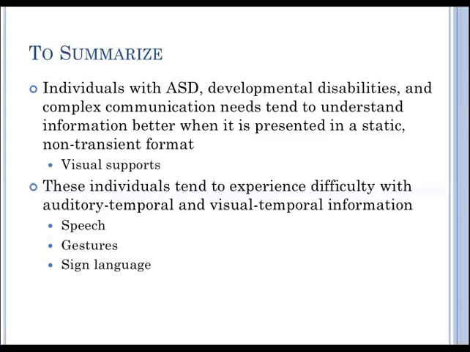It really takes away a lot of the unpredictability or the disappearing nature of through-the-air communication. These are individuals who tend to have lots of difficulty with temporal information, like things delivered by speech or gestures or sign language, where it's in the air and then it disappears. So we want to make sure that we're taking advantage of those kinds of strengths.